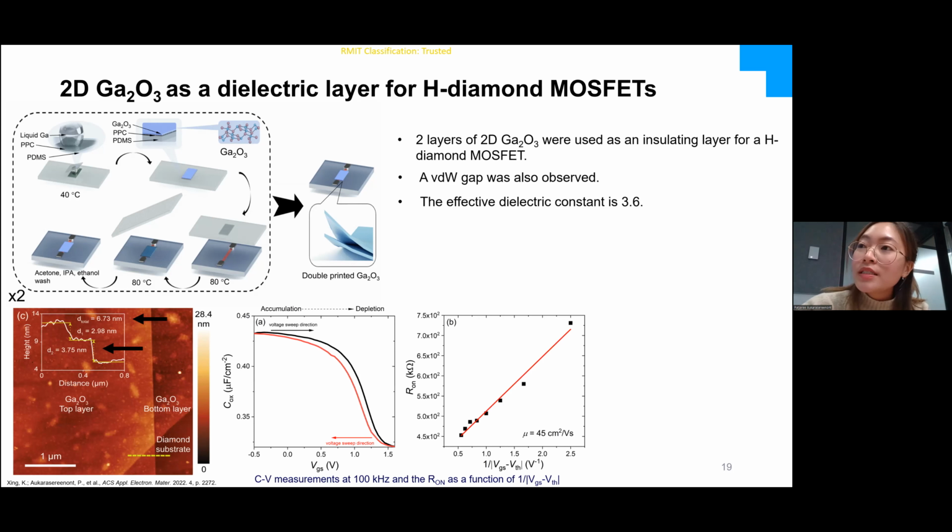So we didn't aim to make the best performance H-terminated diamond. But we can have a look into that and further improve it, maybe increase the number of layers of gallium oxide that we use. How thick are 2 layers of gallium oxide? It's about 6.73, as shown in the AFM here.